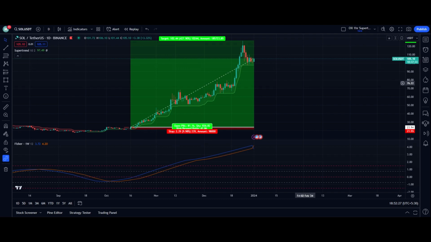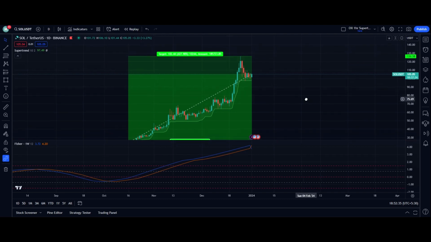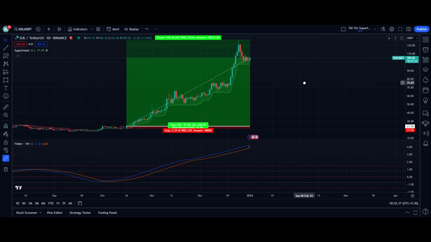The price went at one point to 126 point something from below 24. So yeah, daily, that kind of trade can work like that as well.